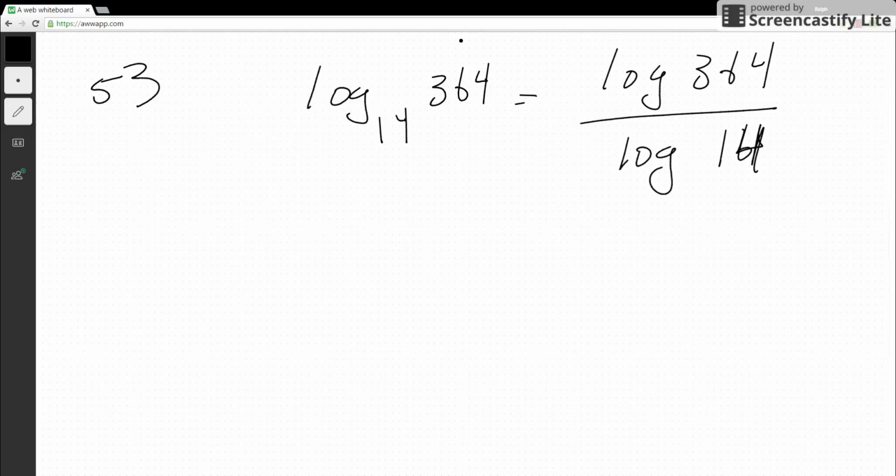Then plug that into my calculator, and I'd say log 364, which is about 2.5, then divide that by the log of 14. And it gives me a decimal of about 2.2345.